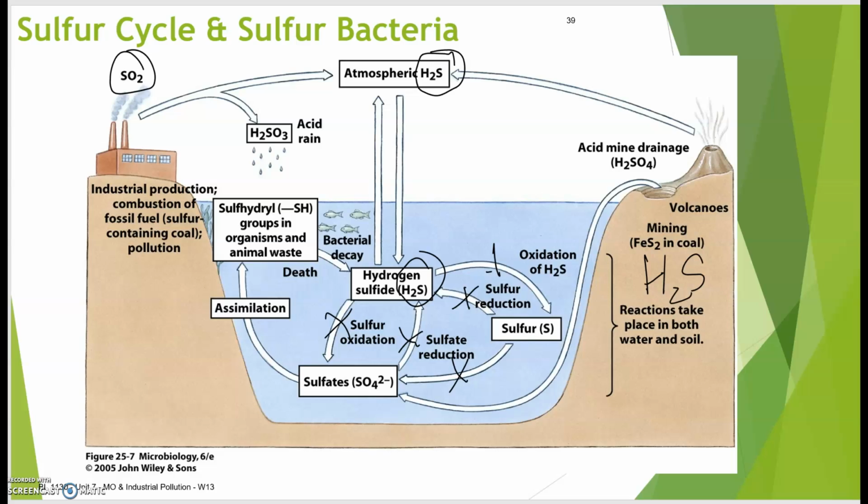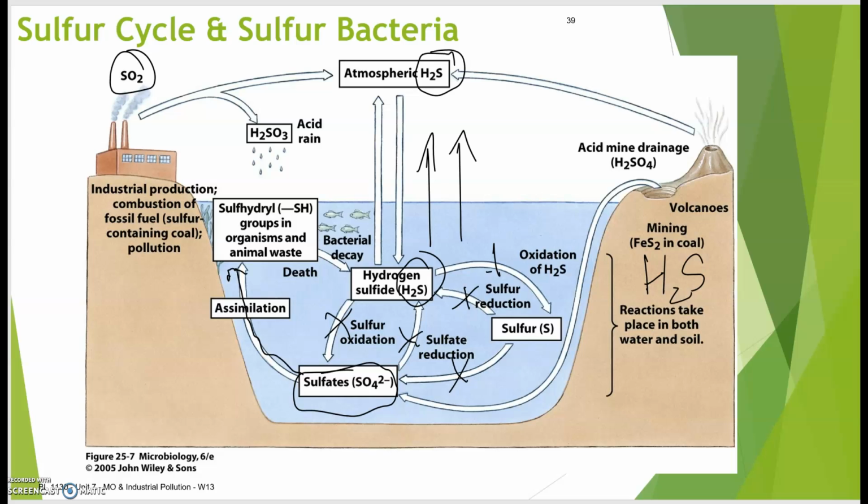Now, what assimilation means is living organisms are able to take this sulfate, which is good for plants and algae, and they can assimilate that into their tissue. So this is how the sulfate would get into the biological world. And then all of these reactions, or combinations of these reactions, are what will allow it to move back into the abiotic world.